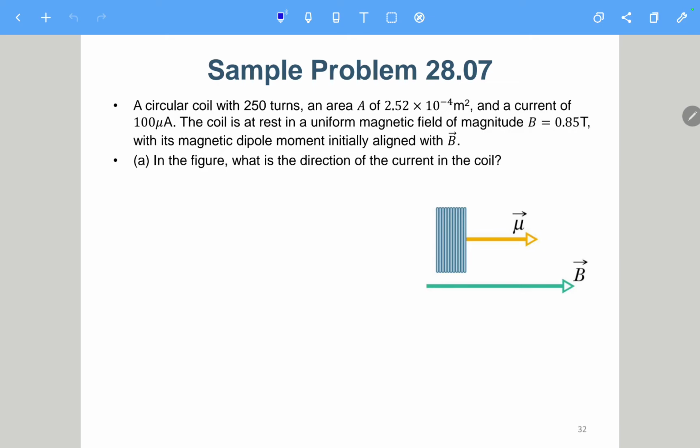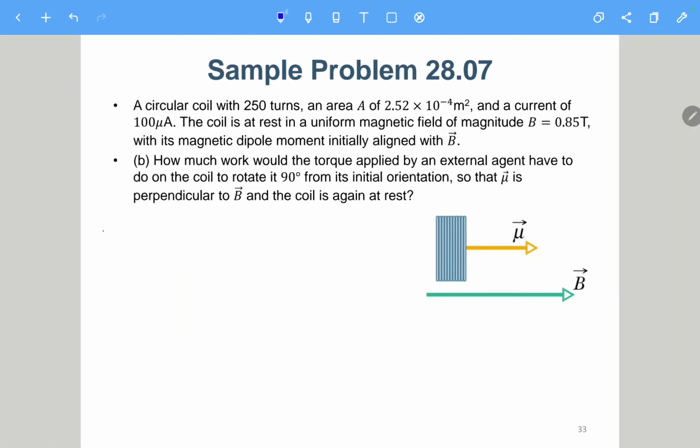We use the thumb pointing in the direction of mu, and then your fingers will follow the direction of the current, which means the current is something like this. This is a cross section, but I need to draw something like 3D. For the one behind, it is going upward. For the one closer to you, it is going downward. So this is the direction of the current, and this is mu.